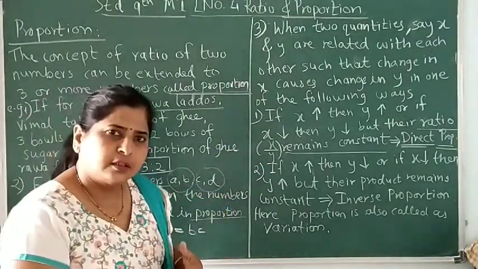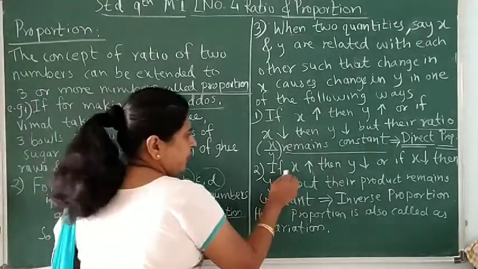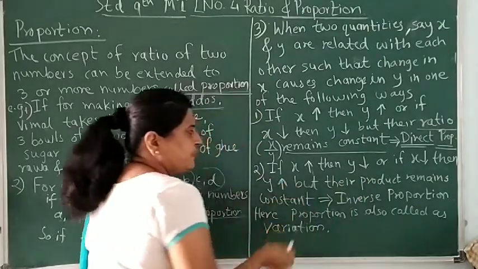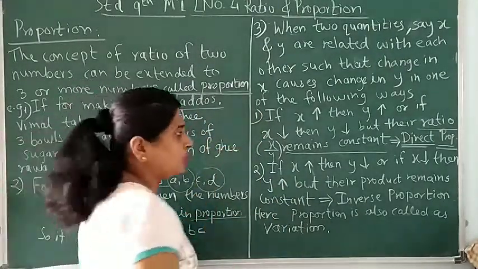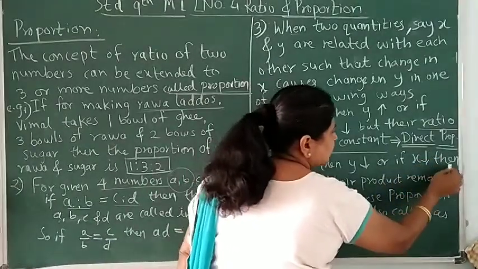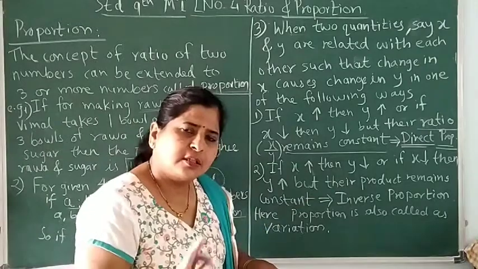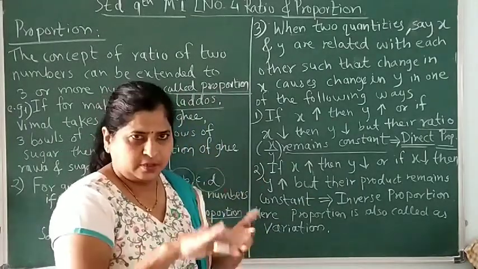Or what is the other one? In which other way can they be related? If x increases, then y decreases. So x is going up, then y is going down. Or if x is decreasing, then y is increasing. If the first quantity decreases, the second will increase. So we can see the inverse relation.